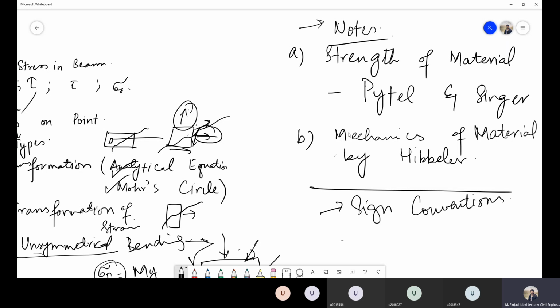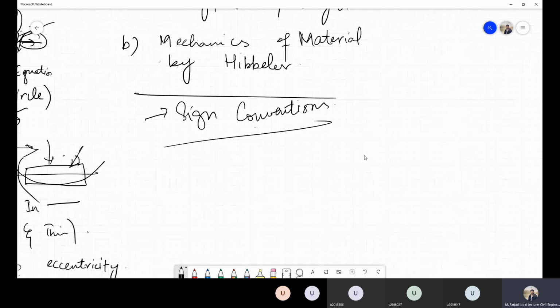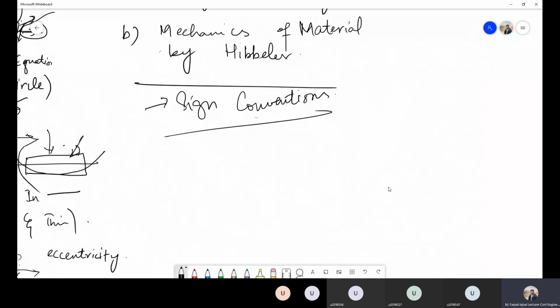They are very confusing, and you have to be very attentive in the class to understand these sign conventions or the formulas that we are going to use, because every book has a different sign convention and things can get very confusing. So I suggest you make your own notes to have a better chance of performing well.